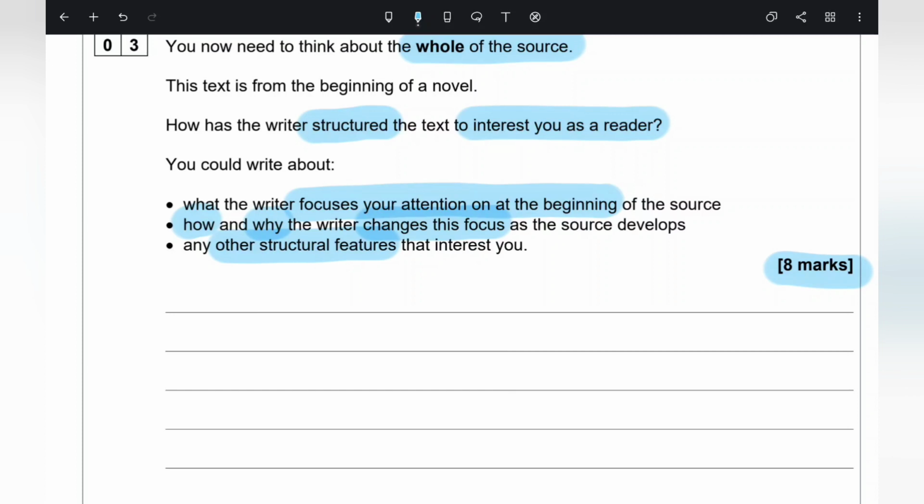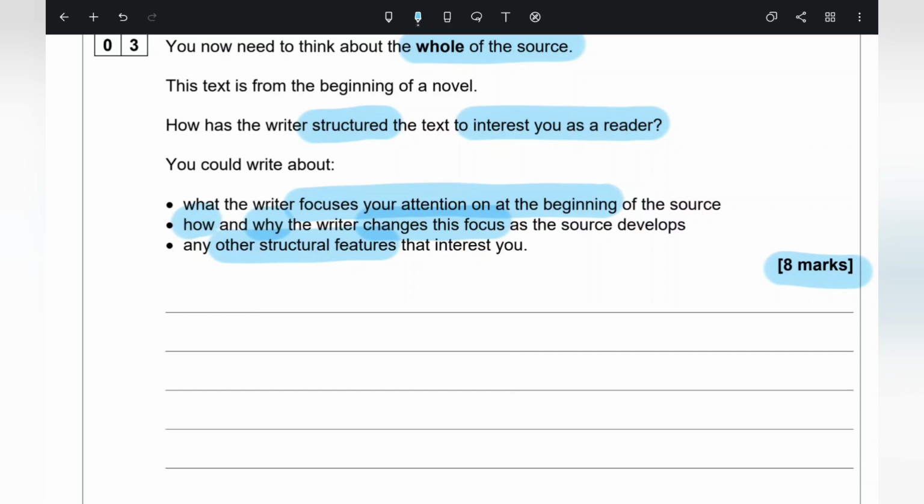Secondly, how and why the writer changes this focus as the source develops. So the how is obviously the structural technique. How has the writer used structure to shift the focus? You need to be able to identify all the structural devices within the insert. And why? Why does the writer shift his focus? What's the specific purpose?